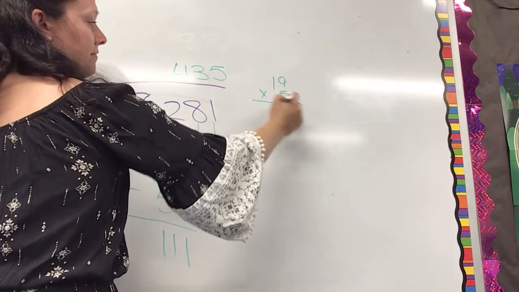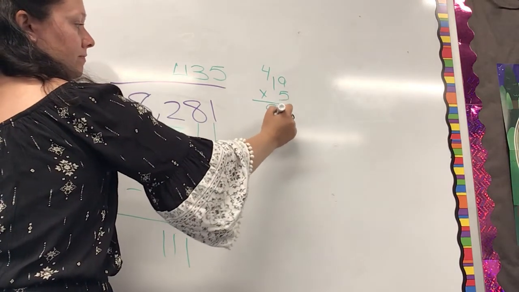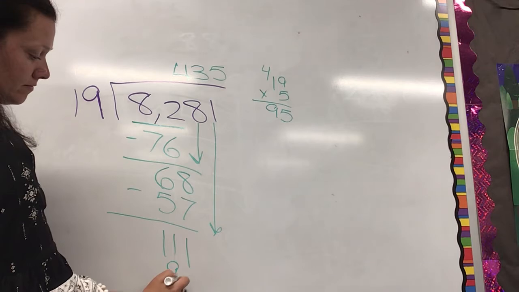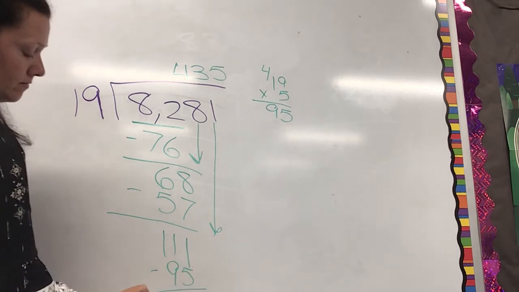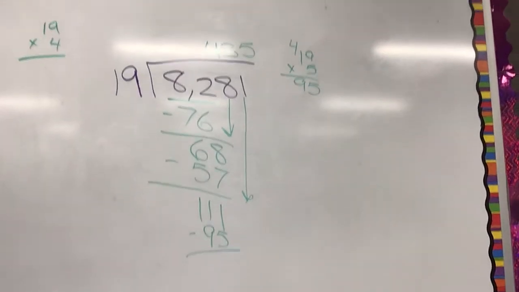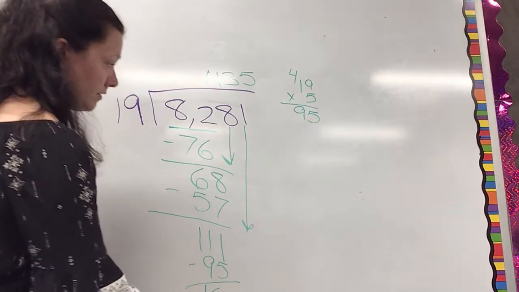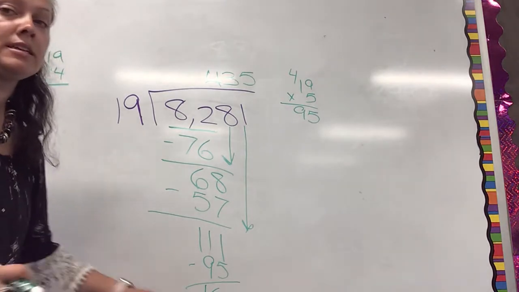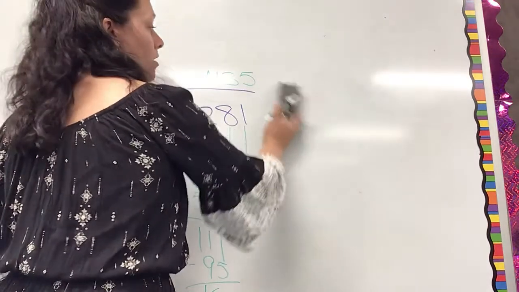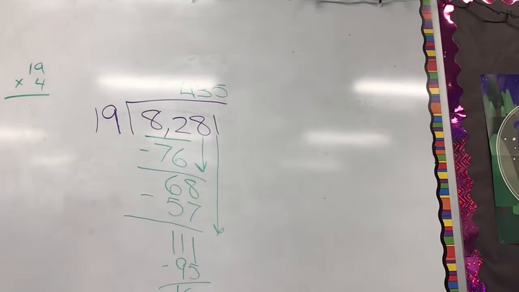What's 9 times 5? 45. 111 minus 95. 16. Very nice. What do I do with that 16? Remainder. I do not want a remainder. You guys are better than that. Let's get an exact answer here.